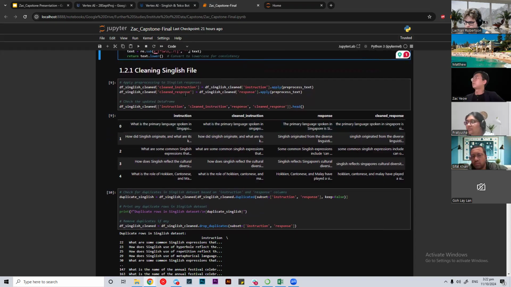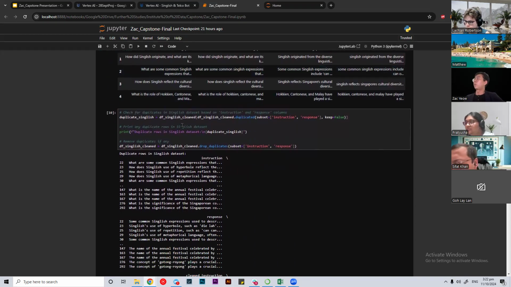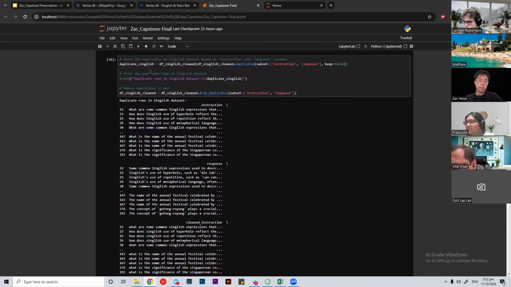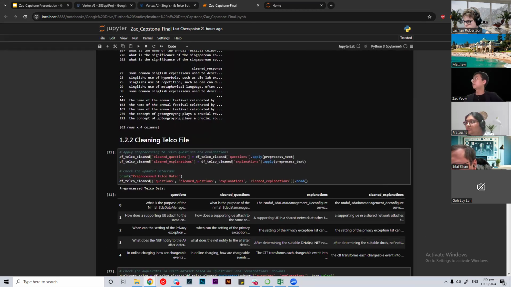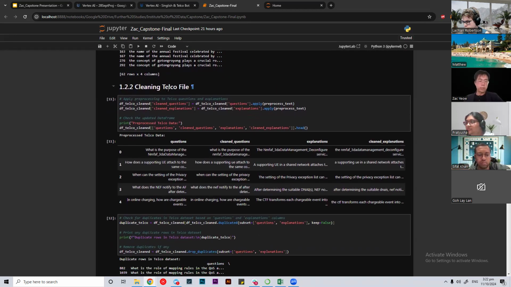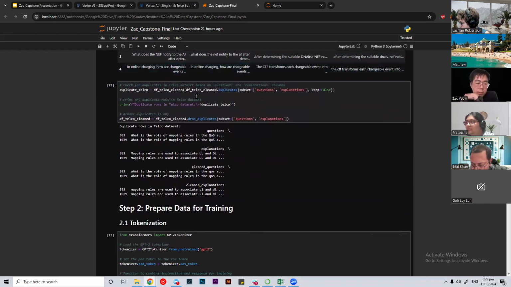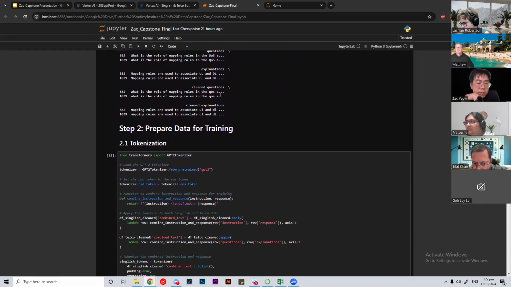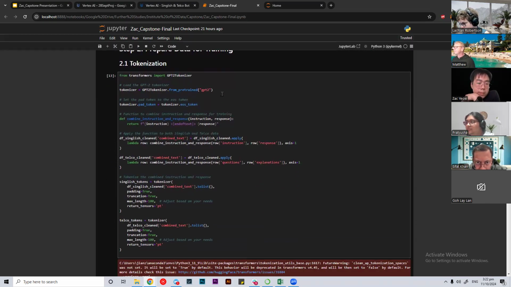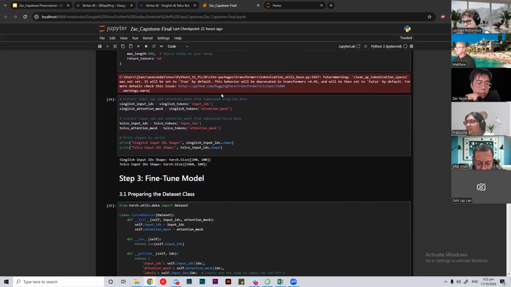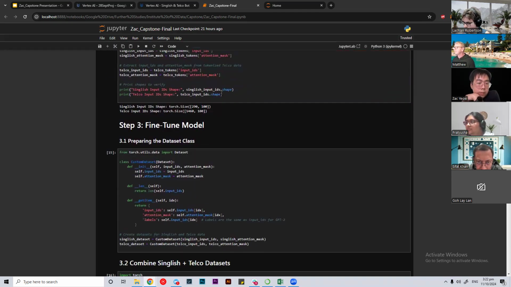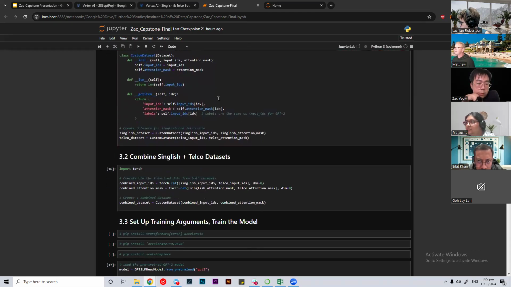Same with the Singlish file, and then I only pick what I want. Then deleting duplicate rows. My Singlish file had quite a bit of duplicate rows, telco not so much. And for telco, because it had 5 columns and I only needed 2 of them, I removed 3 columns as well. Then tokenization to prepare for training, and then start training the model.